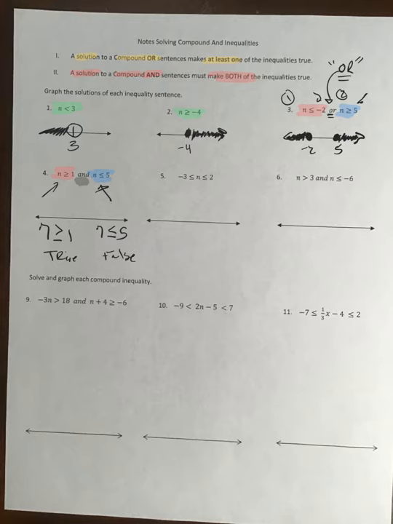So the number 7 did not work for both of them, so it's not a solution to this sentence. That's the difference. If you come up here to numbers 1 and 2, if it's an and, it must work for both to be a solution. The number 7 did not make both of the sentences true. It only made the red one true, so it is not a solution to the system. We're only looking for numbers that are solutions for both.